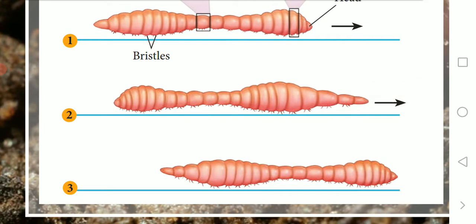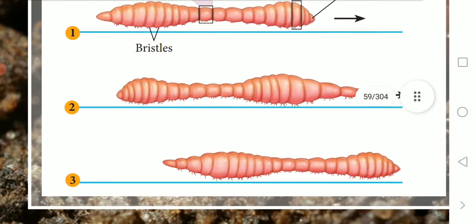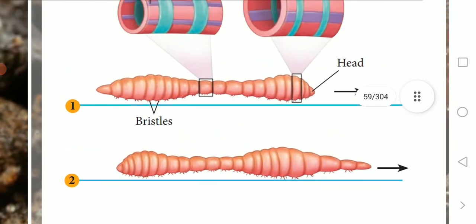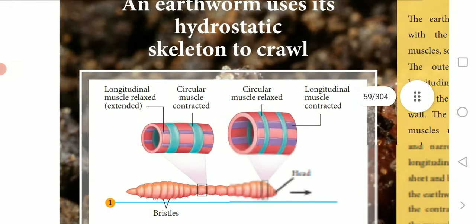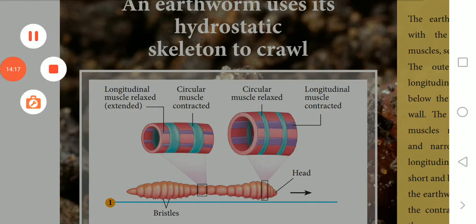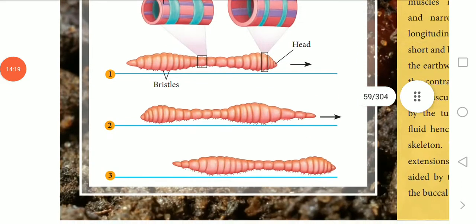The alternate waves of extension and contraction are aided by the leverage afforded by the buccal chamber and setae. So this is the information about the earthworm's hydrostatic skeleton.